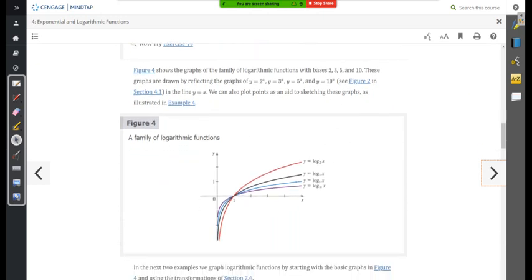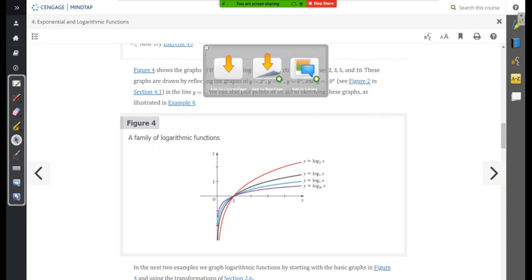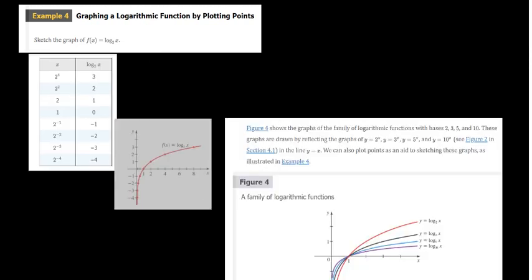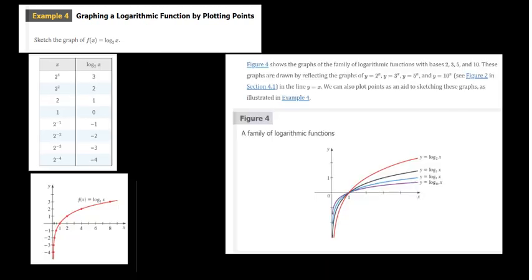Okay, so we'll put this in there as well. Can I fit that though? Let's see here. Yeah, we can fit it. There we go. So obviously figure 4 shows graphs of the family of logarithmic functions. So notice how every one of them does indeed go through the point 1, 0.